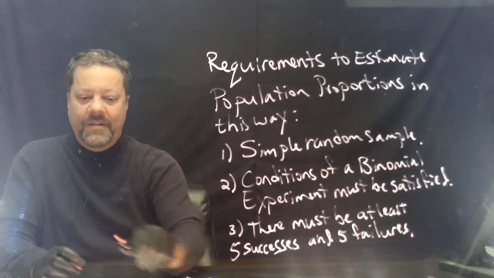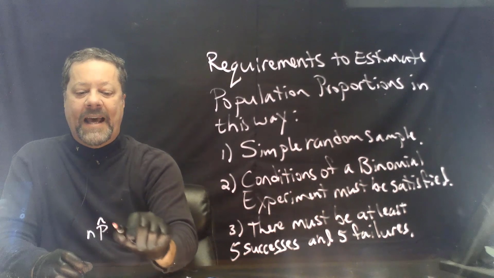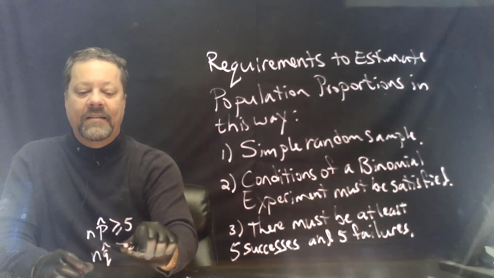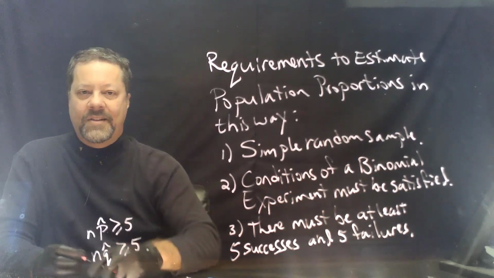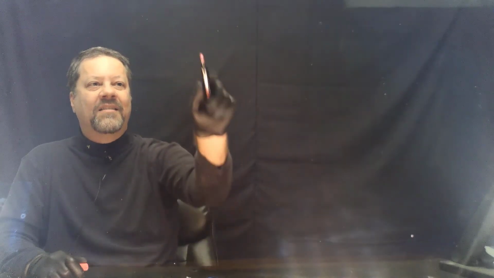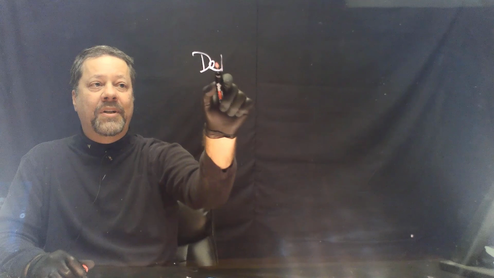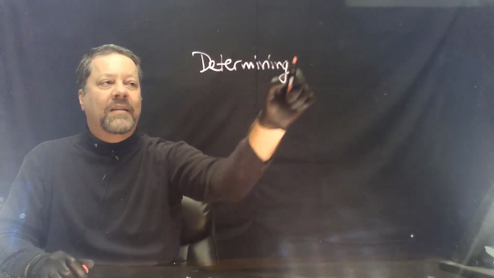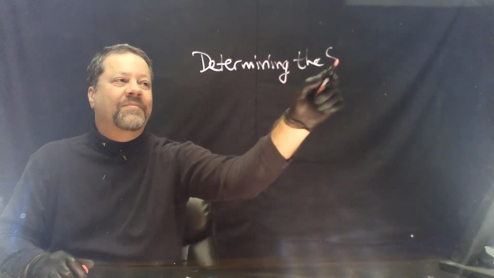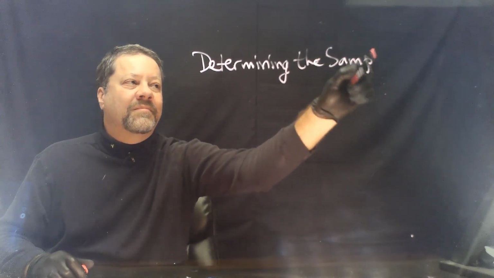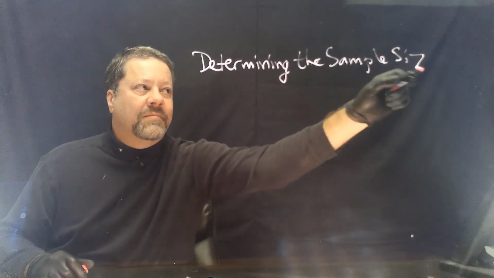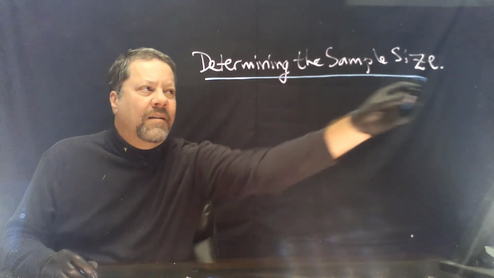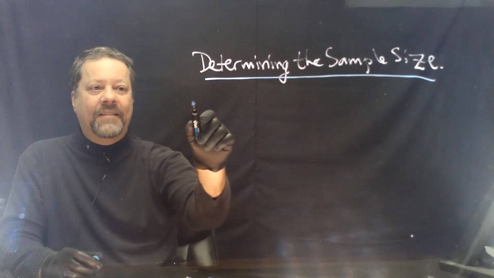In other words, np hat is at least 5 and nq hat is at least 5. Next, we'll show you how to determine how big a sample you need. This is a little vague.